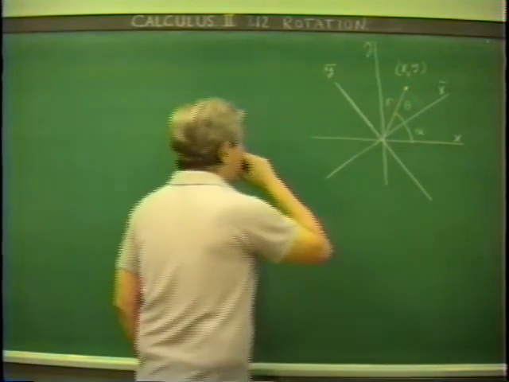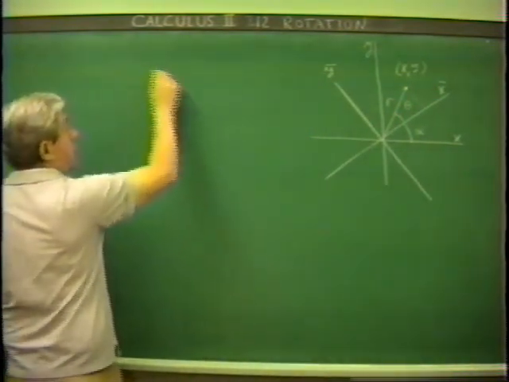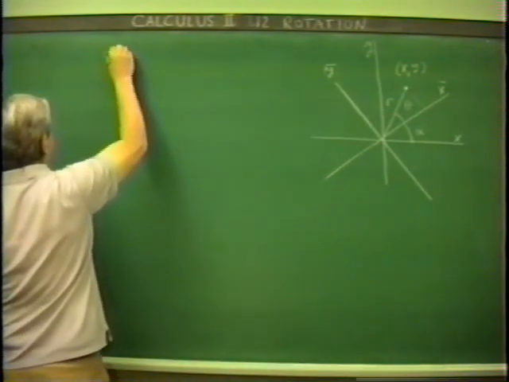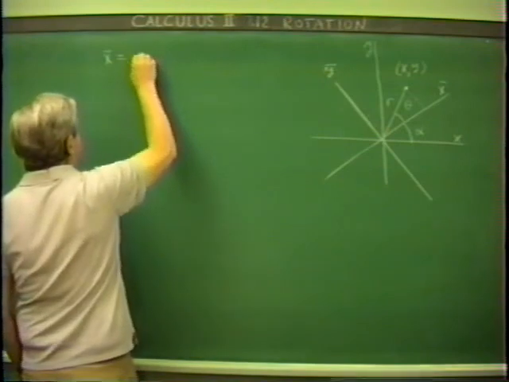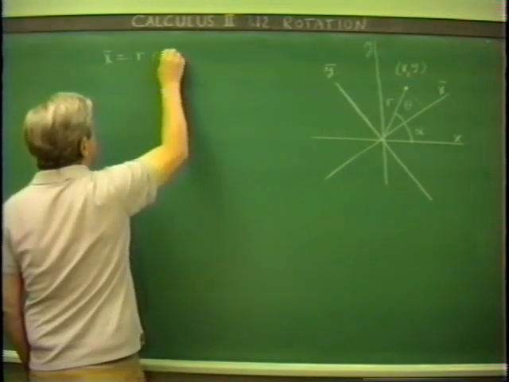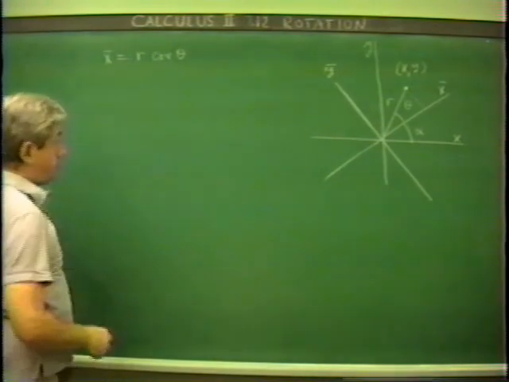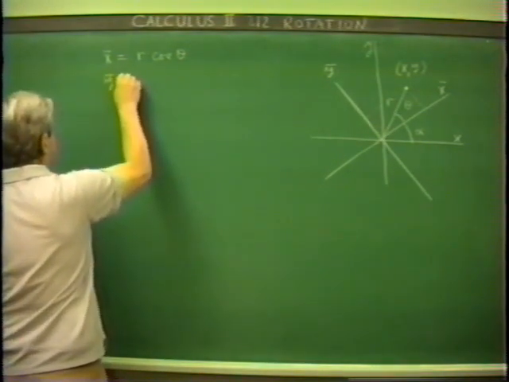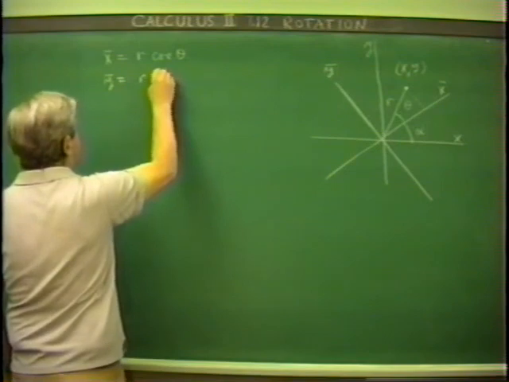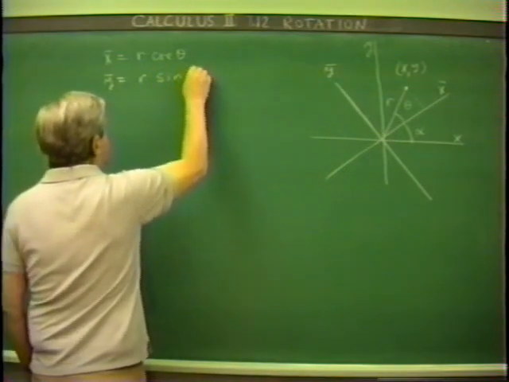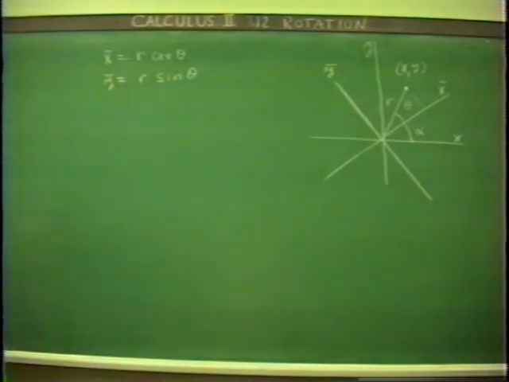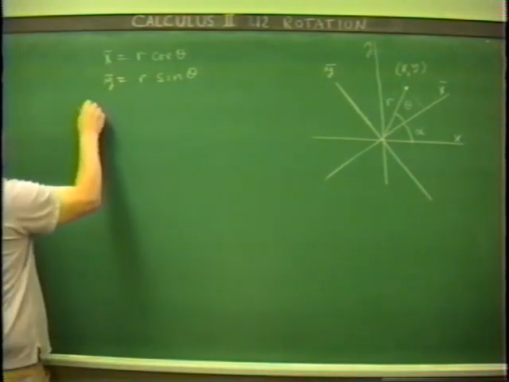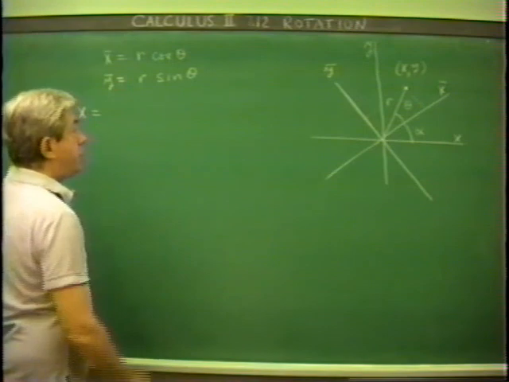If its distance from the origin is r, then we can get its x bar and y bar coordinates. The x bar coordinate is going to be equal to r cosine theta, and y bar is going to be equal to r sine theta.